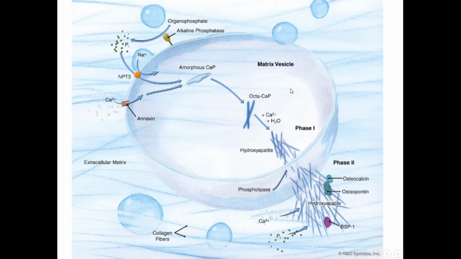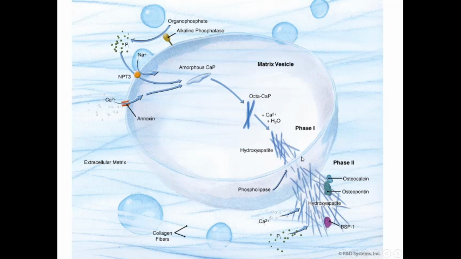By adding more phosphate and calcium, these crystals start to grow, fill the inside of the vesicle, and rupture the membrane, growing outward.